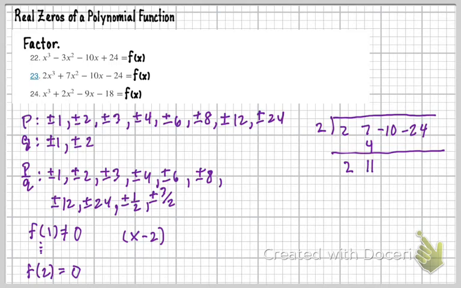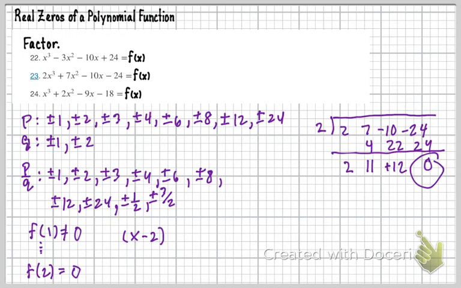Times those, that's 22. Add the negative 10 and the 22 together, that's going to be 12. Multiply those together, that's going to be positive 24. Then I get 0. And that's an indicator if I messed up or not.